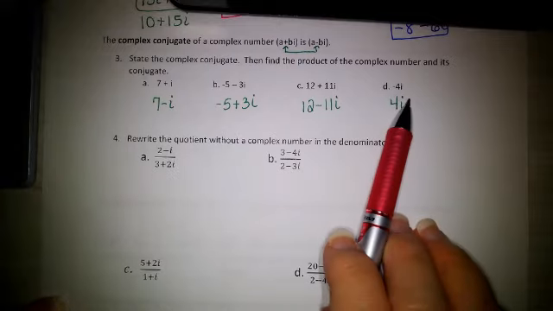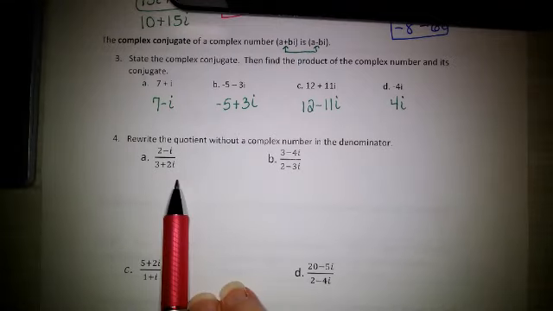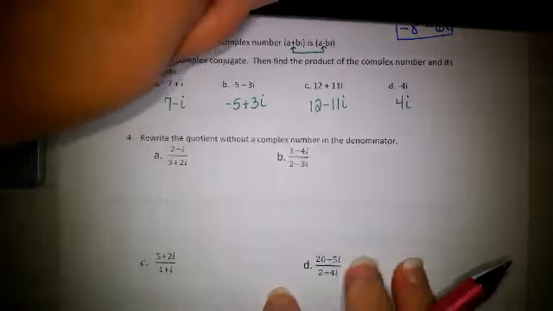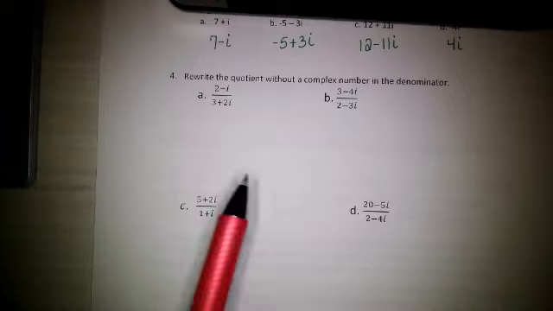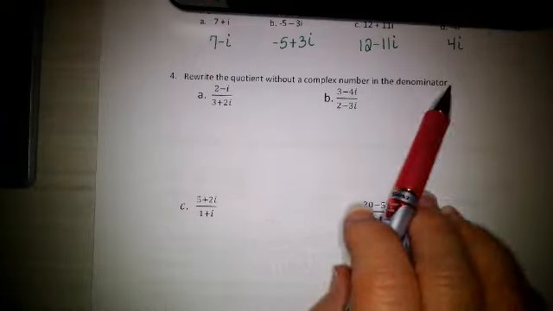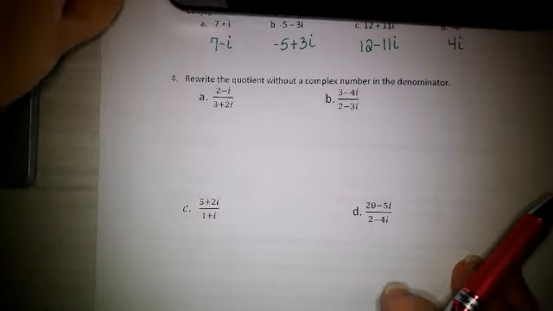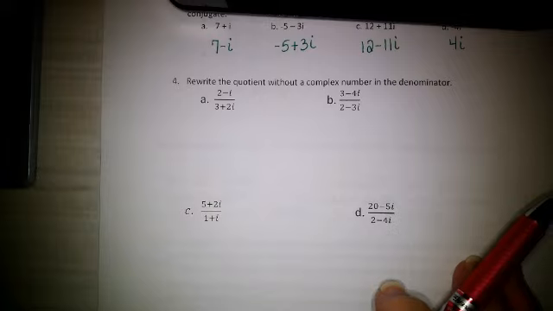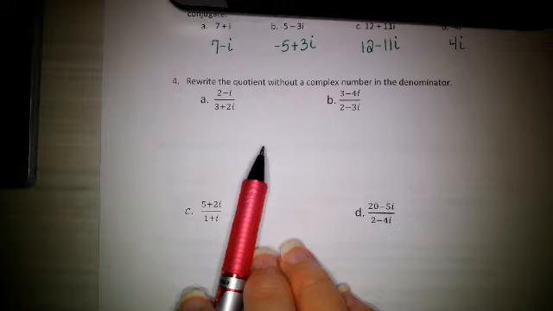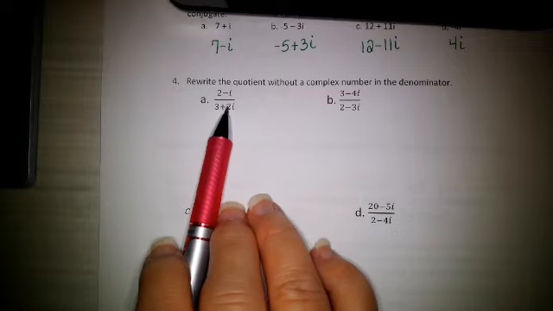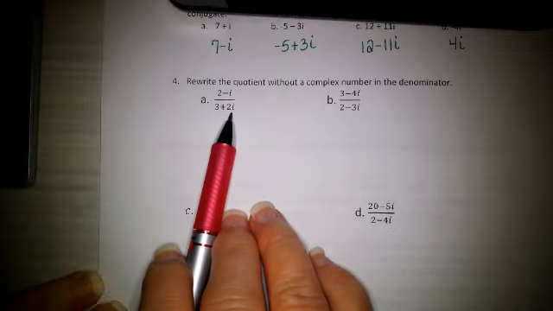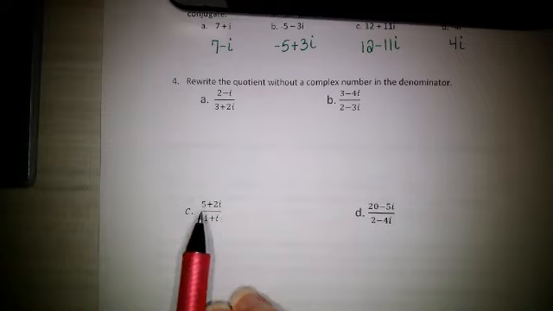We needed to know that about the complex conjugate because it's going to come in handy here. Rewrite the quotient without a complex number in the denominator. So the way we've talked before in probably algebra about not having a square root on the denominator. Well, i represents a square root, so we need to get it out of the denominator.